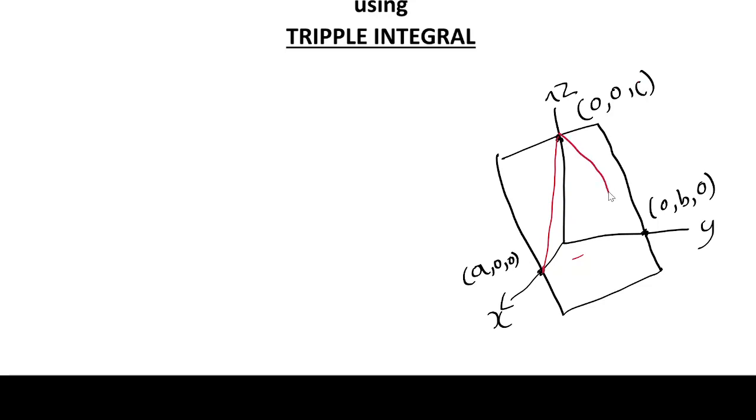Similarly, we'll get intersection lines on the other sides. These are triangular faces on three sides and also below, so we have four triangular faces. The back side has equation x = 0, this side y = 0, this triangular face z = 0, and this is the triangle of the plane x/a + y/b + z/c = 1.